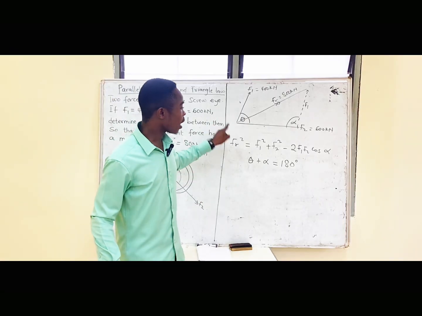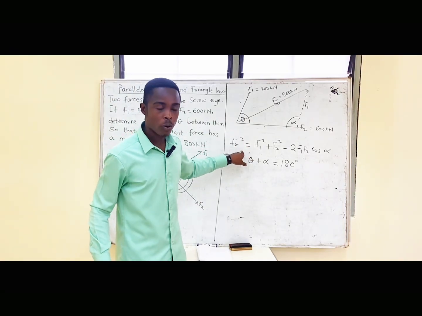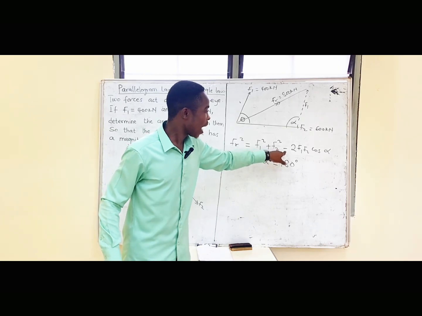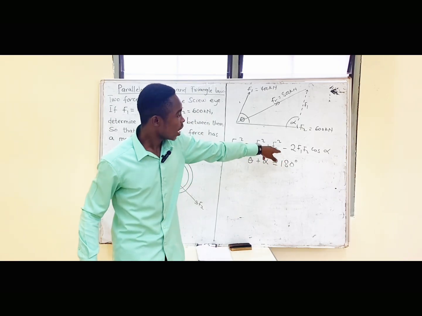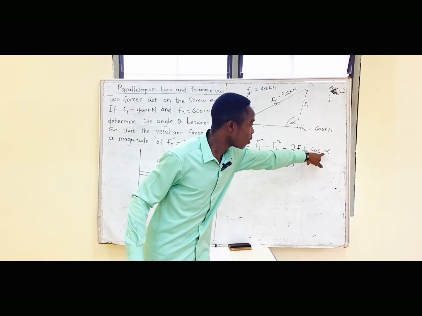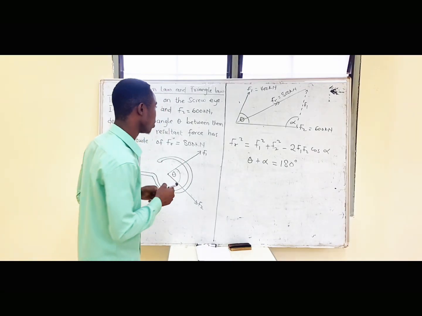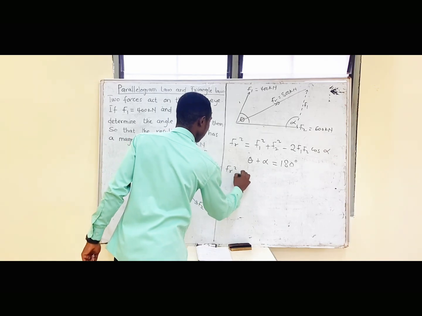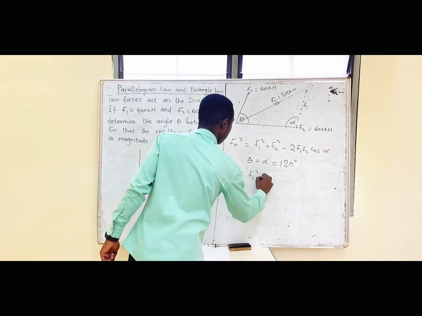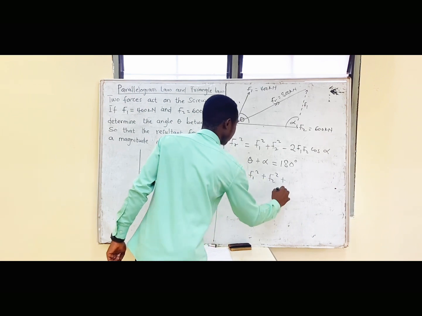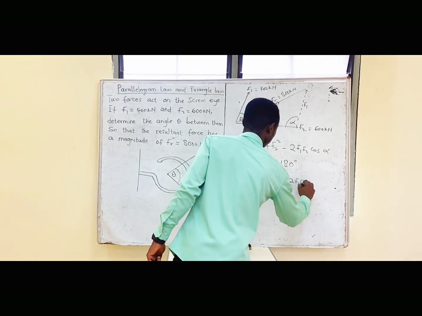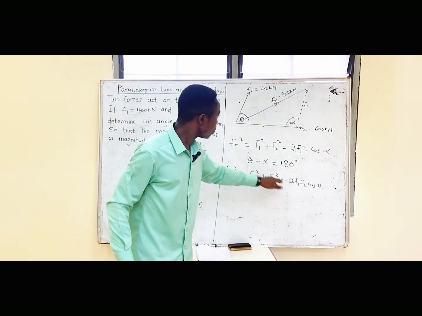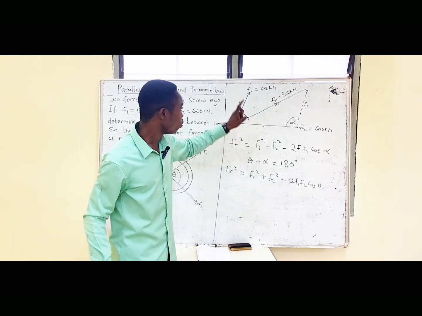But there is another formula for the cosine rule, in which we change the negative to positive. Once we change the negative to positive, the angle here will be theta. So you can use Fr squared equals F1 squared plus F2 squared plus 2F1 F2 cos theta. When you are using the plus, that means you use the angle lying between the two forces.